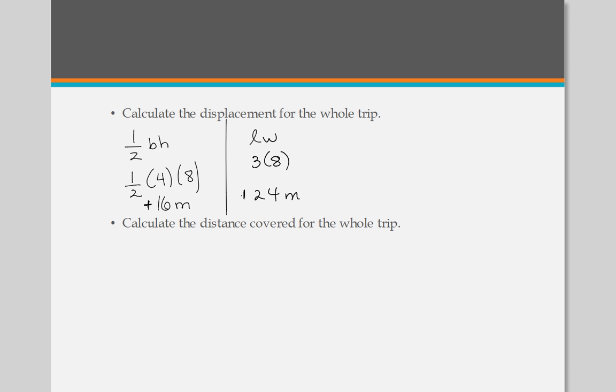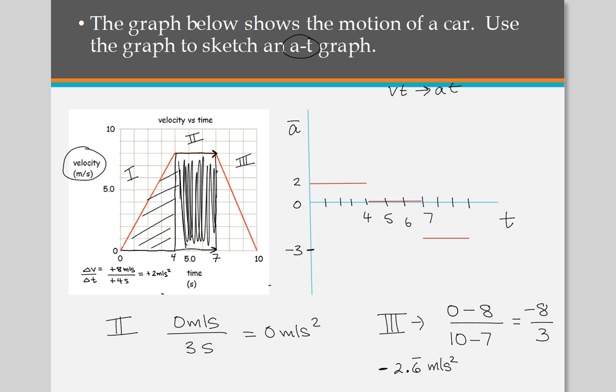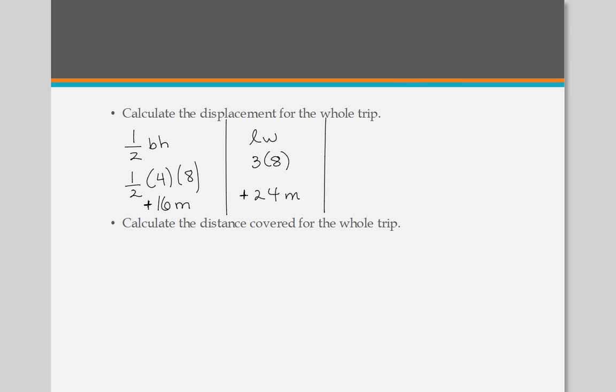Above. Next one. What kind of shape is this? Triangle. Base is 3. Height is 8. 1/2 base height, 1/2 times 3 times 8. Half of 24 is 12. Above or below the x-axis?